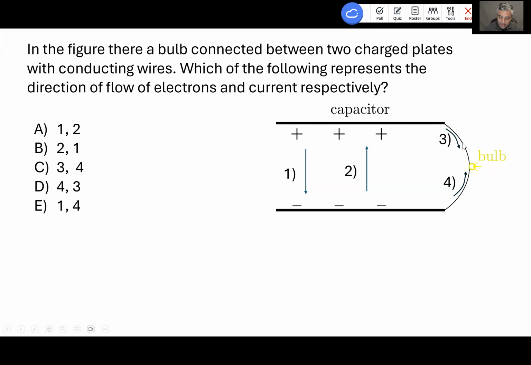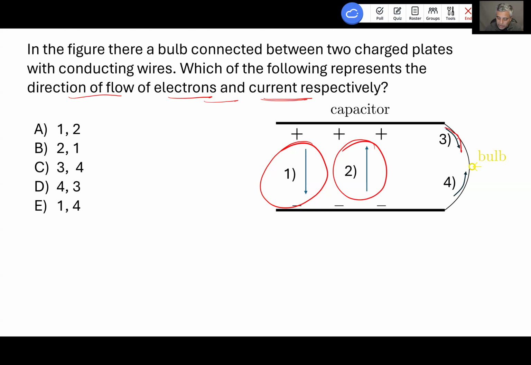Oh, now it looks like we have a question here. So I'm opening the poll, and it is about the direction of flow of electrons and current, both of them. Paths are shown here. There is path number 1, there is path number 2.